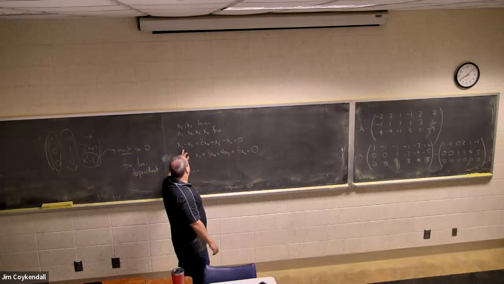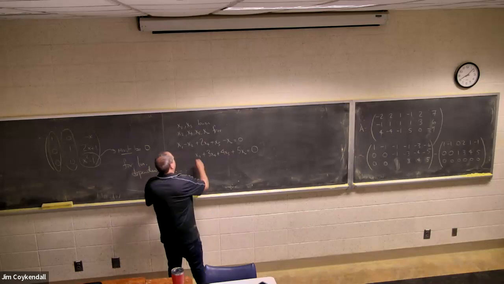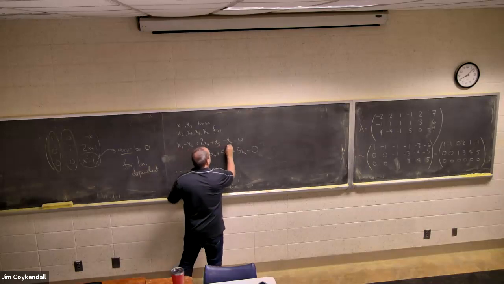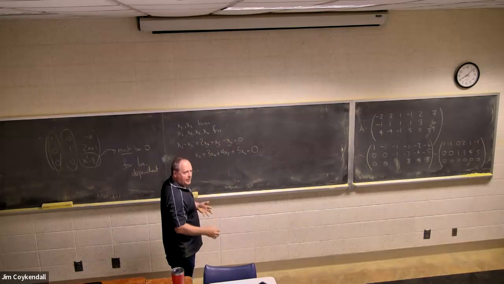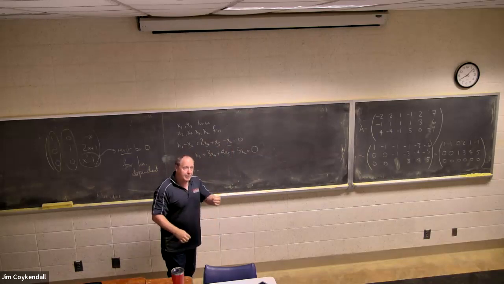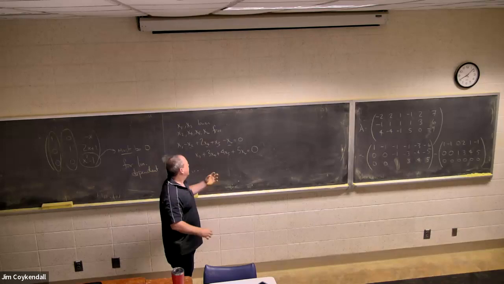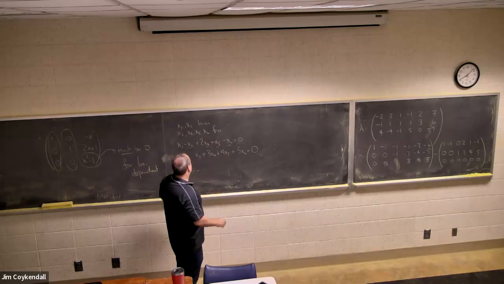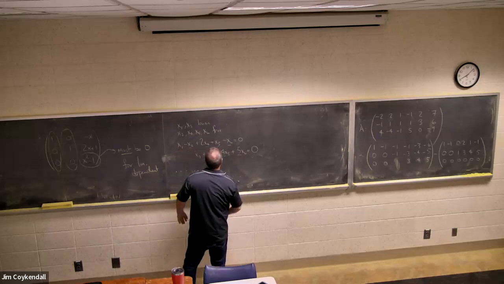Notice always in these things, the free variables, there's nothing you can do about it. They're free parameters, and there are 4 of them; they're the constants that you're going to multiply the vectors by. Your basic ones can be written in terms of the other ones.